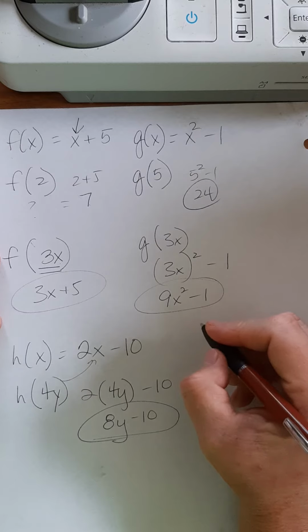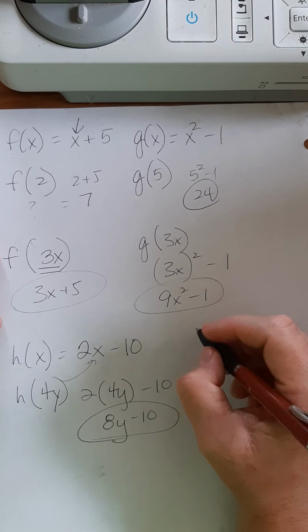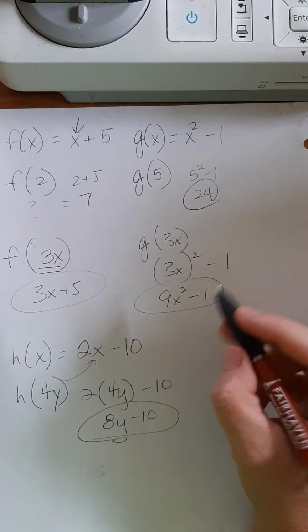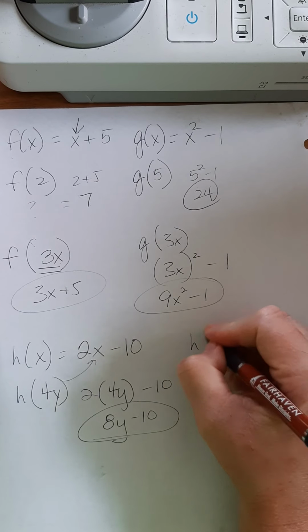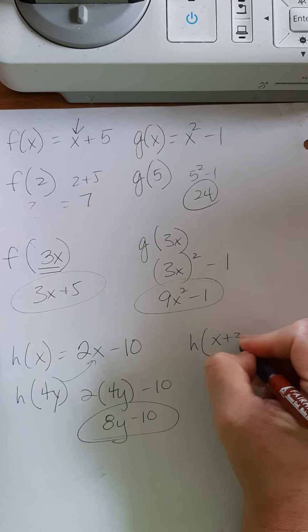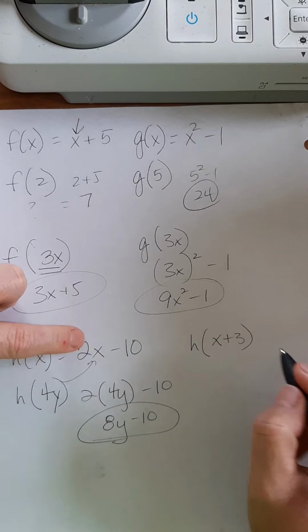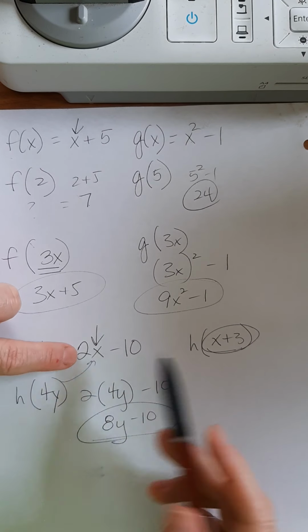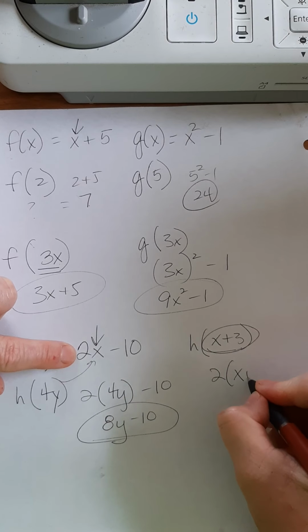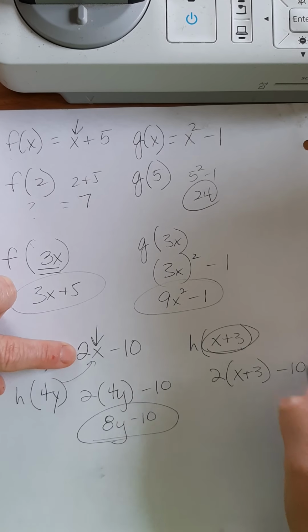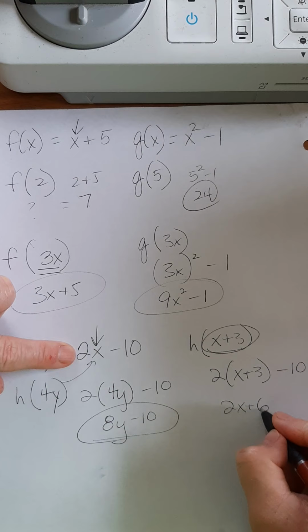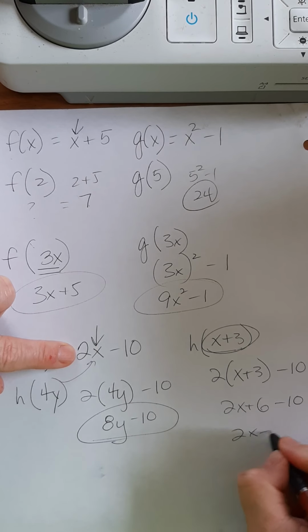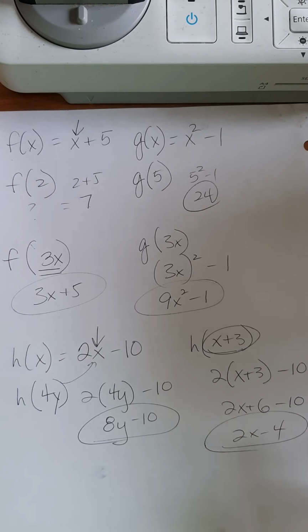Even if, let's say, you wanted h of x plus 3, you would literally replace, just like before, the x plus 3 in for x. So 2 times (x plus 3) minus 10. So distribute, do a little bit of simplifying, 2x minus 4.